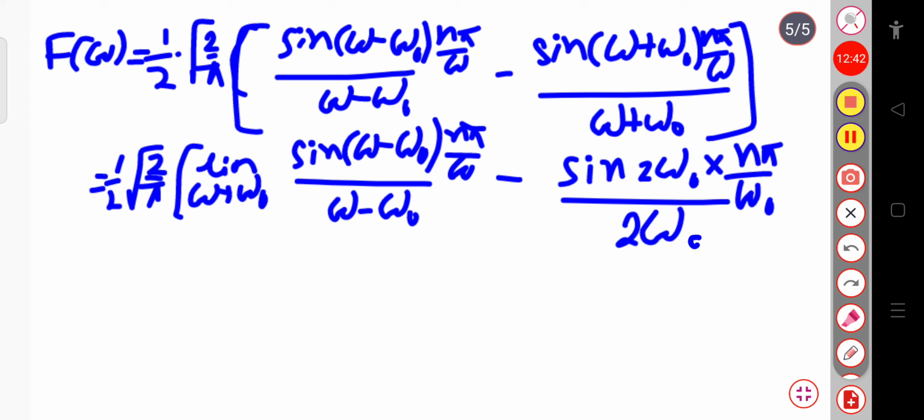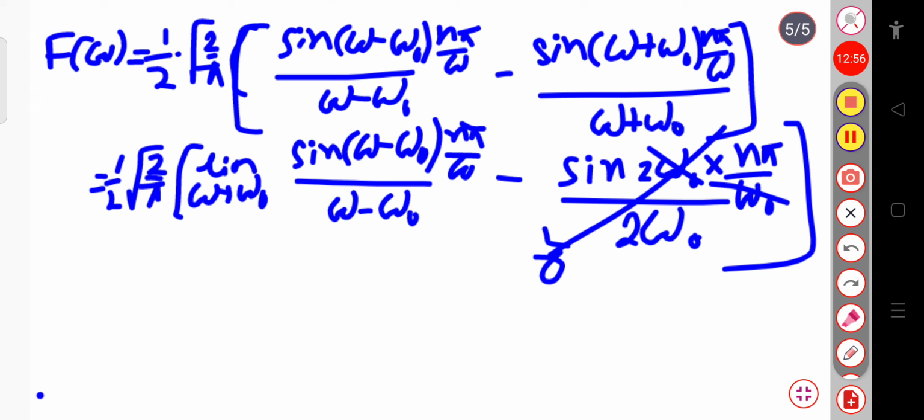If I cancel this omega naught with omega naught, this will be twice of n pi. Sin n pi is 0, so sin 2n pi is also 0. So here this second term goes to 0. Clear? Now we will focus on the first term only.